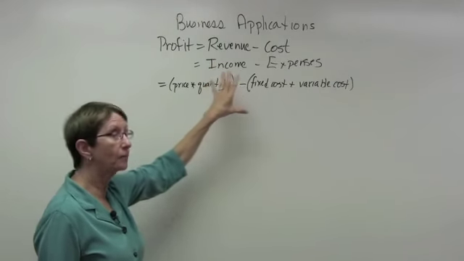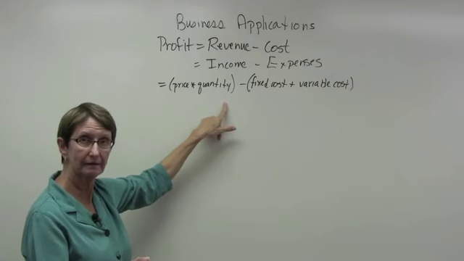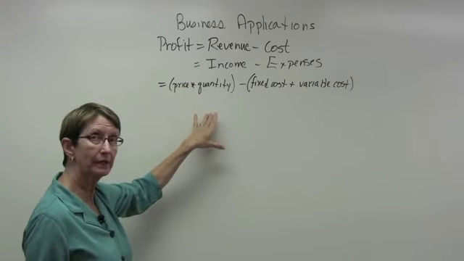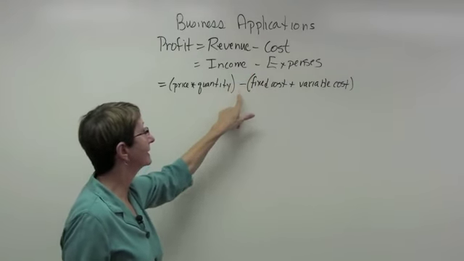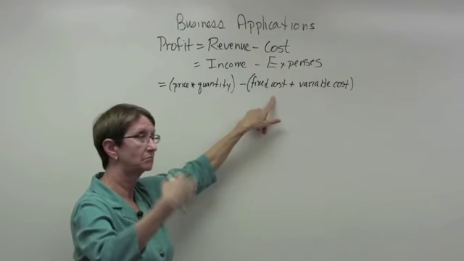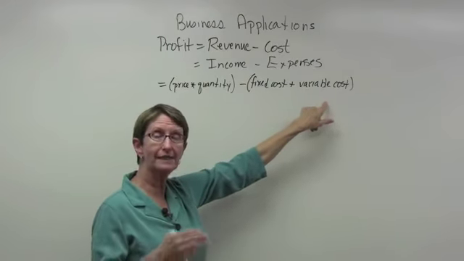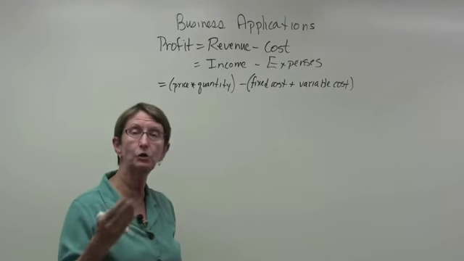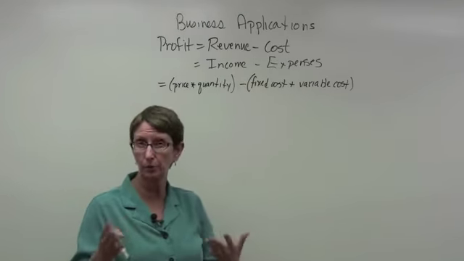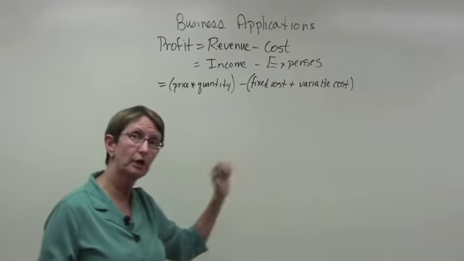To get your income, you have to sell a quantity to people who demand that quantity at a particular selling price. So this makes up your income. Minus your expenses, which consist of fixed cost, a constant, salaries, rent, etc., and the variable cost that it takes to produce each unit of your product: materials, wages, employees that work per hour, whatever can vary in a production.